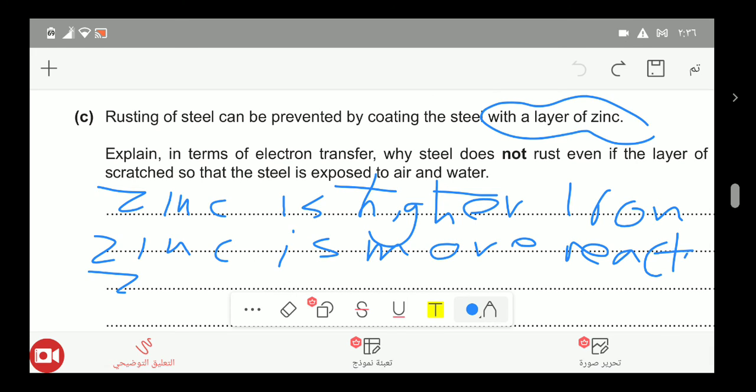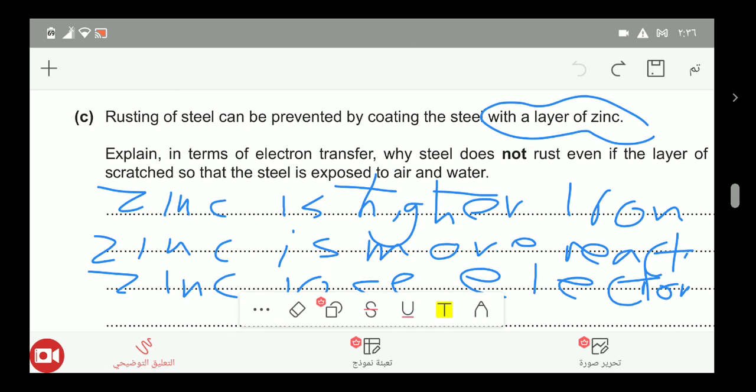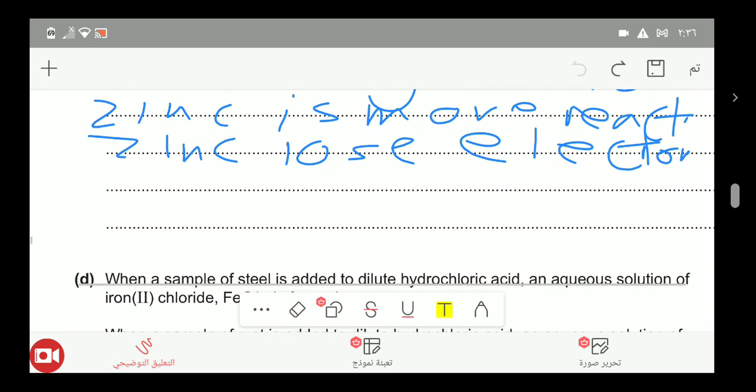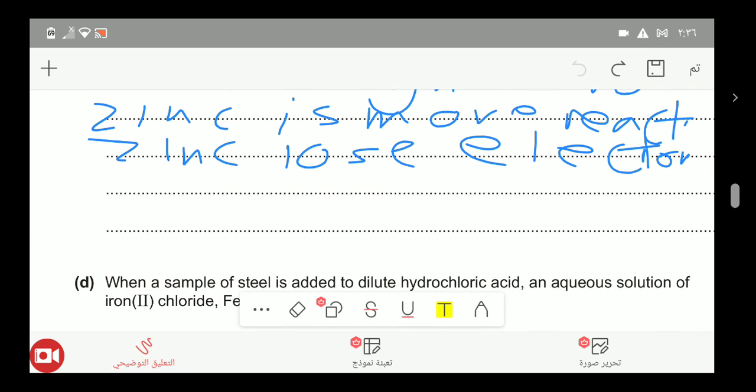Zinc will lose electrons, or zinc is oxidized. Iron or steel, or oxygen, will gain electrons.